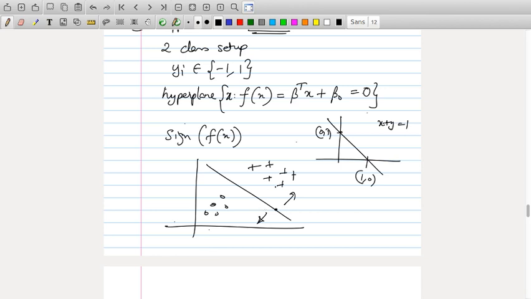Points on one side would evaluate to positive values and the other side to negative values. Then the sign of the evaluation tells you which class it is. Let's say pluses are the plus ones, and instead of zeros, let me put minus ones here. If f of x is negative, then hopefully they correspond to the negative class.